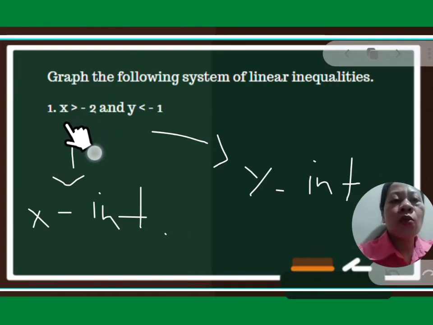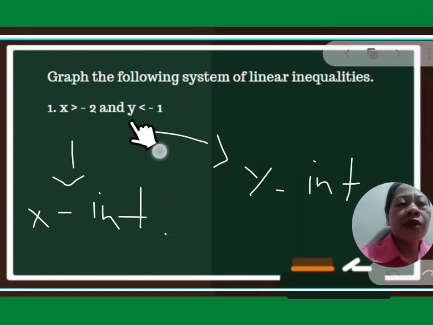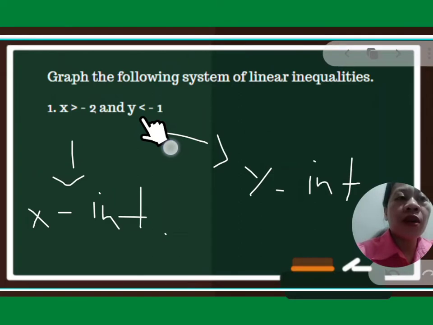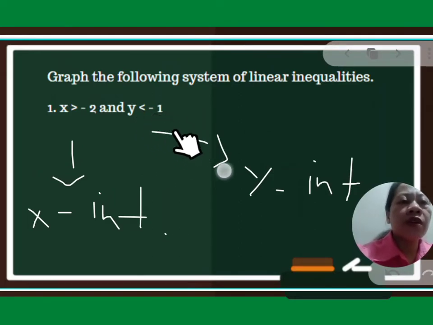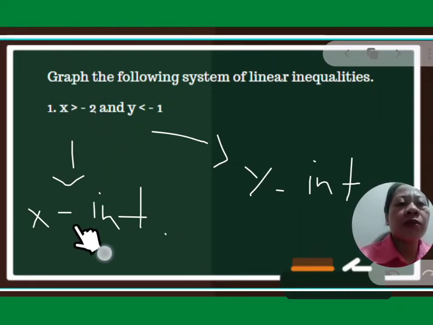At wala din itong y-intercept dahil wala naman pong variable y. And then for the second inequality, given din po ang y-intercept, pero wala pong x-intercept dahil wala naman pong variable x. So, ito na po yung y-intercept for the second inequality. And then for the x-intercept in the first inequality, we have this one.